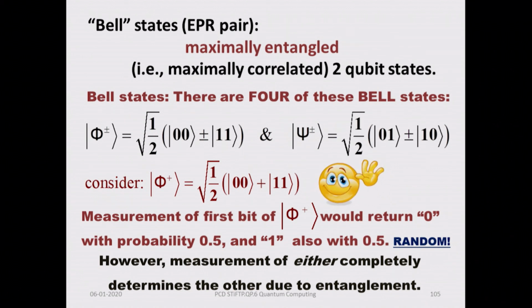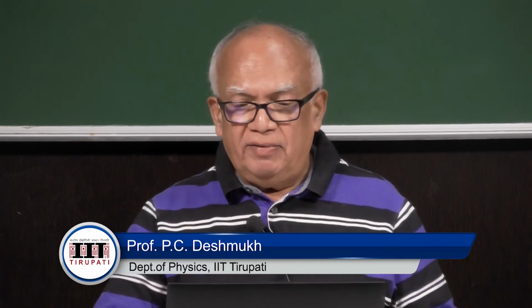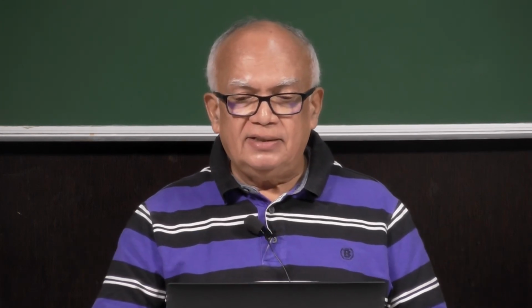A measurement on 1 qubit will give you complete information about the second qubit because of the entanglement. Okay? And this is what you can do with entangled qubits, the Bell states, which you cannot factor as products of single qubit states.